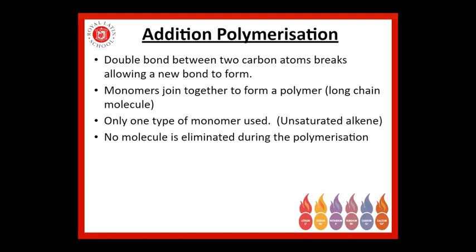Because it's got a carbon-carbon double bond, it means that the carbon can break one of those bonds, generating an unpaired electron with one carbon and an unpaired electron with the other carbon. Because you've got those unpaired electrons, those carbons then can make new bonds with neighboring molecules.